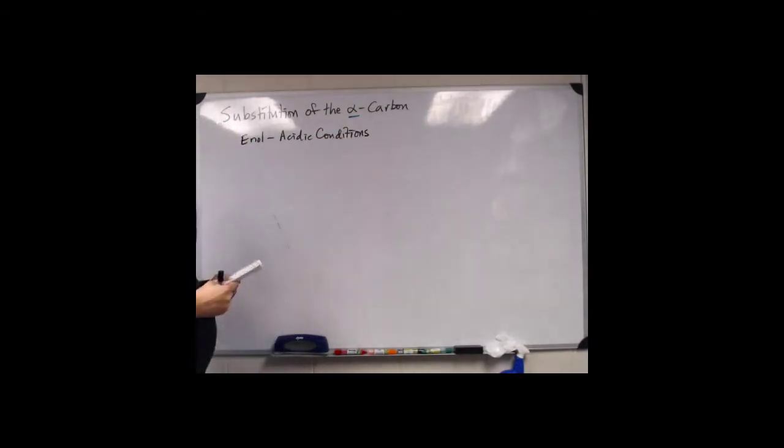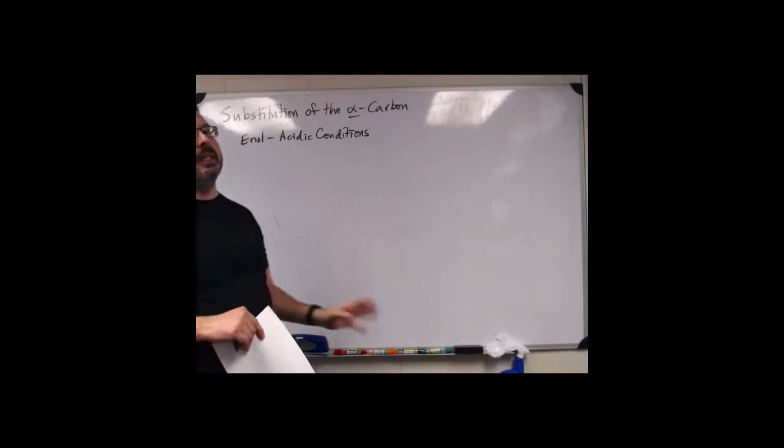So if we're under acidic conditions, we form a neutral enol. The things I was showing you prior are called enolates because they have a negative charge.